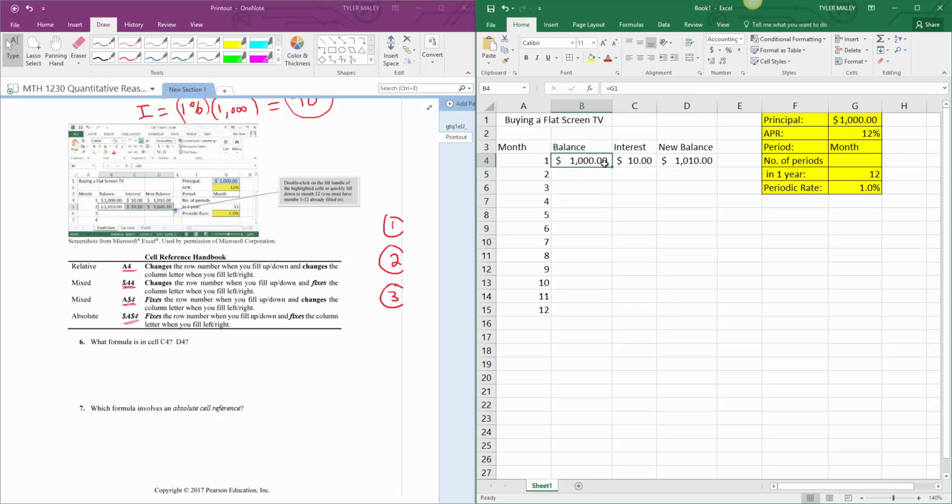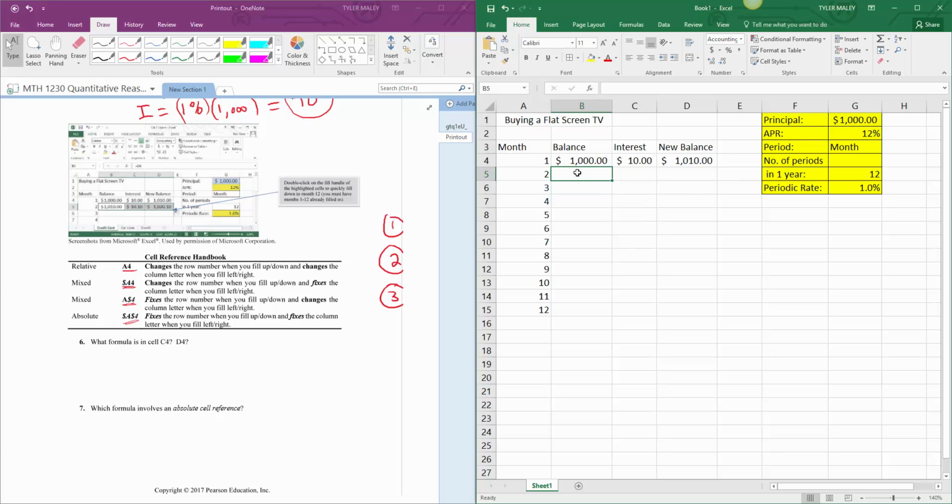So you want to be careful in this step though, because I can't just pull everything down at this point. And the problem is this cell B4. If I were to pull this down in this fashion, what's going to happen is it's pulling the next number down. So I was referencing cell G1, and now it's pulling in cell G2. I don't want that to happen.